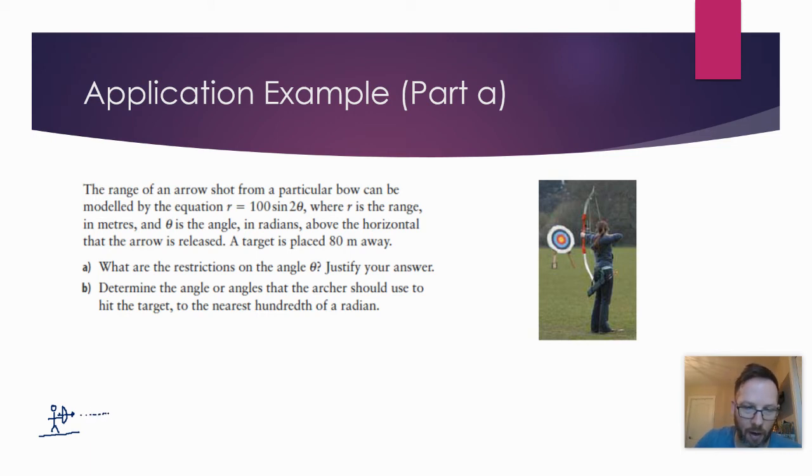But if you think about what the possibilities are, well, we could fire the arrow horizontally. We're not going to fling it into the ground. So the minimum launch angle would be theta equals 0. And then what would be the maximum? If our target's over here, we're not going to be launching it backwards, right?